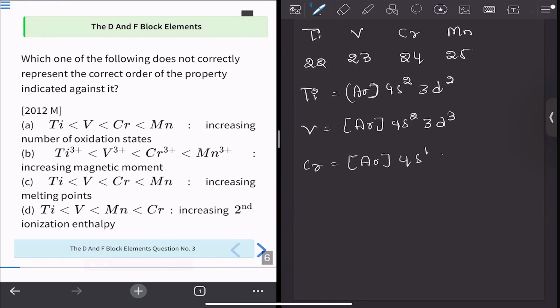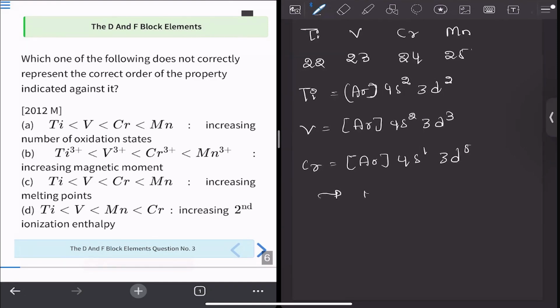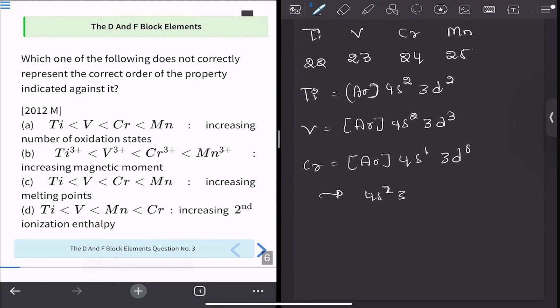It is not 4s2, it is 4s1, 3d5. It could have been 4s2, 3d4, but this configuration is not so stable as this configuration. So the stable configuration will be 4s1 3d5. So chromium will be in that state.